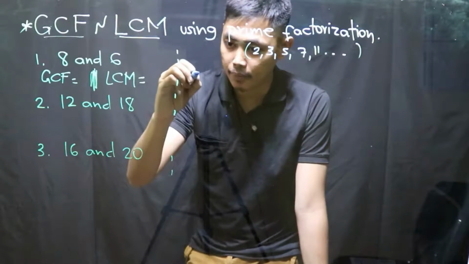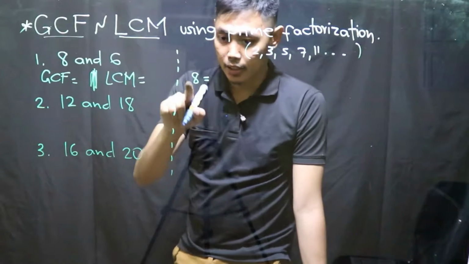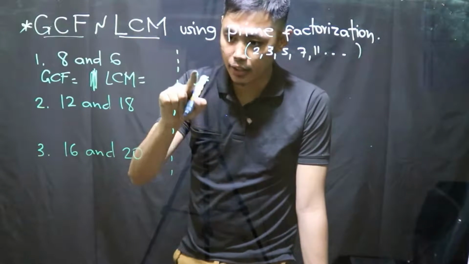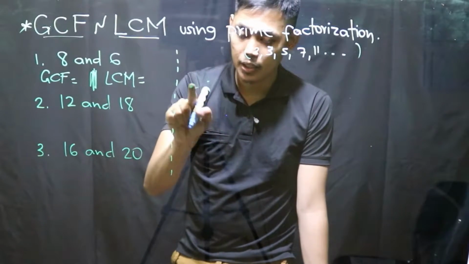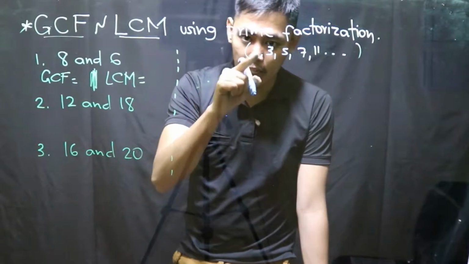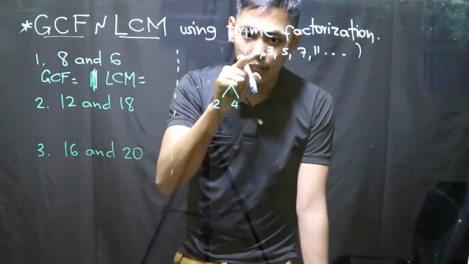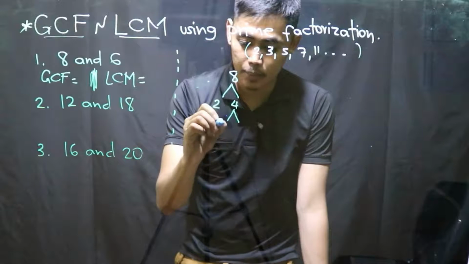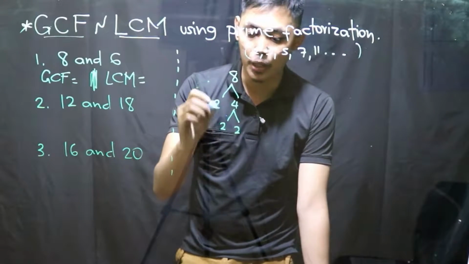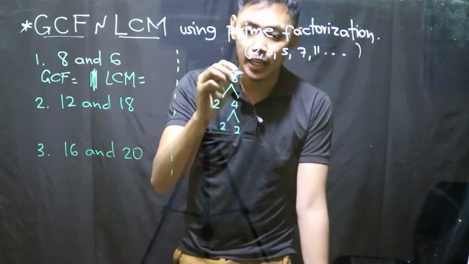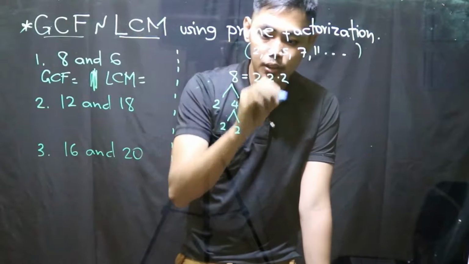Let's start with 8. 8 can be divided by 2, which is 2 times 4. And then, 4 can be divided by 2 again, which is 2 times 2. And since all of them are prime, we can say that 8 is equal to 2 times 2 times 2.